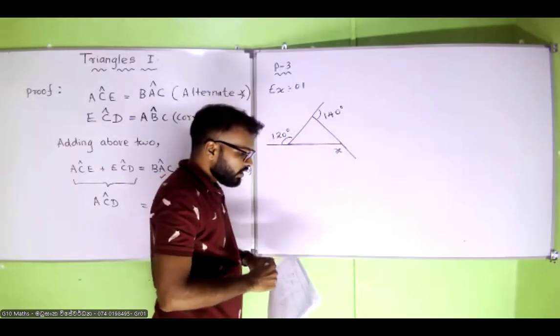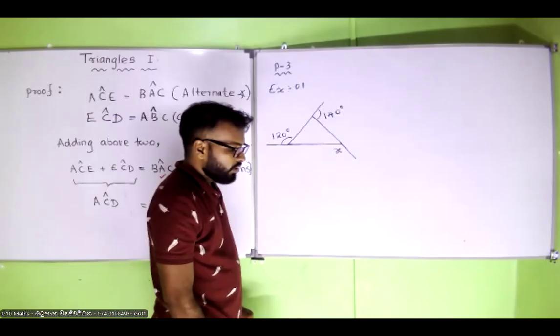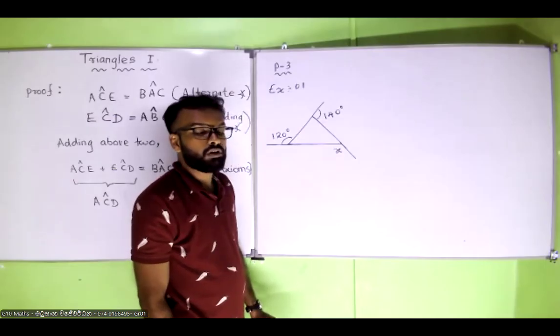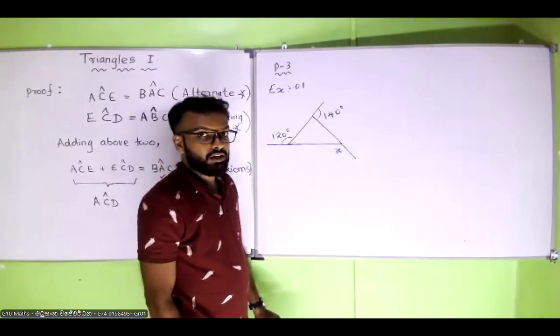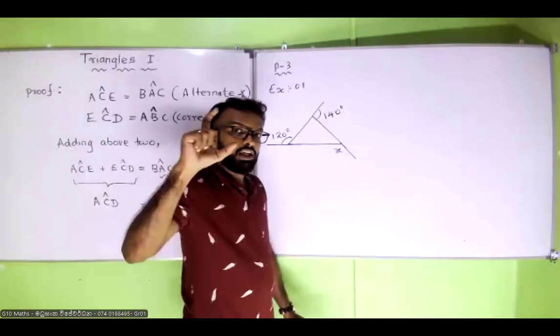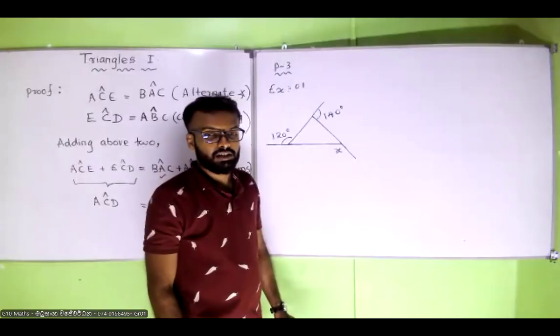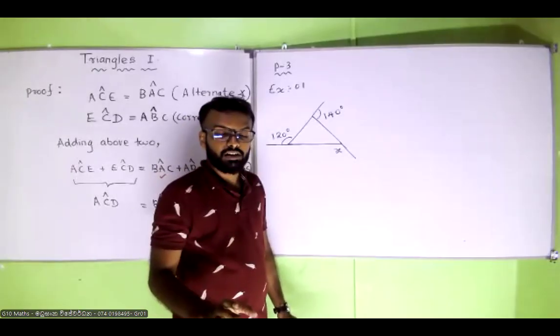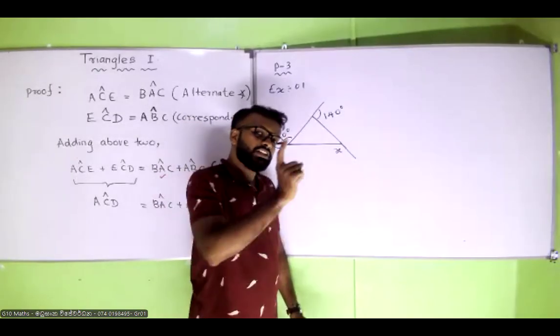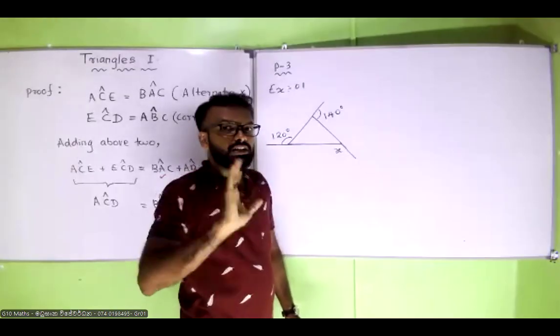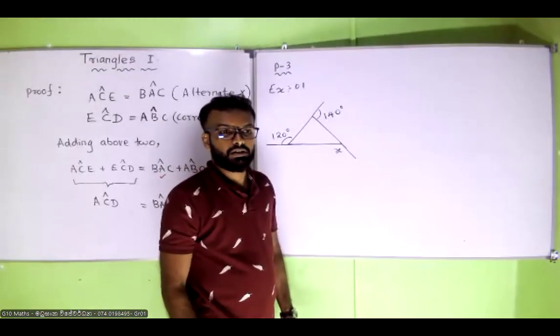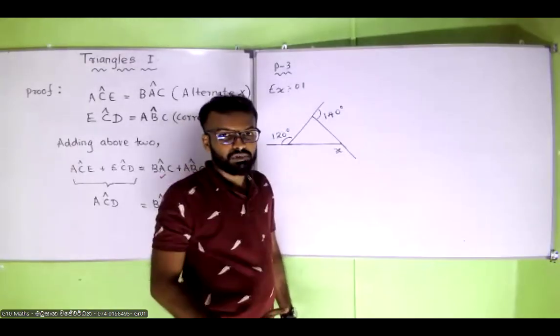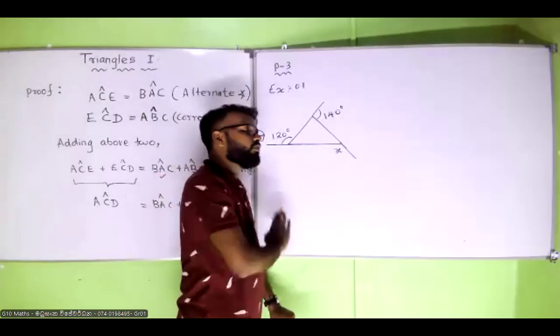And if you use the knowledge that you have obtained from your grade 9, in any polygon, the summation of the exterior angles is 360. By using that theorem, you can easily find the value of x.